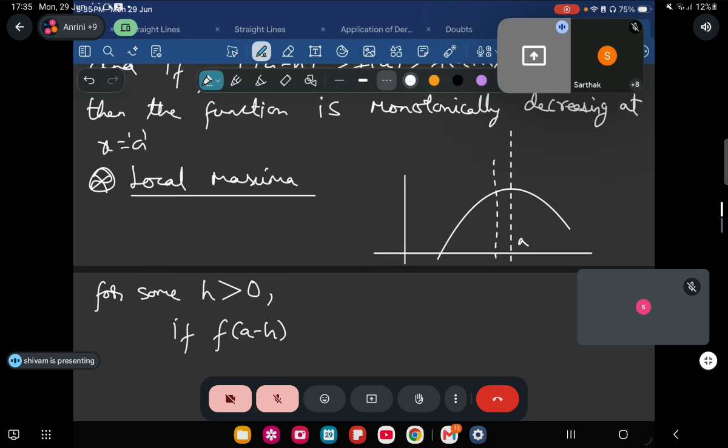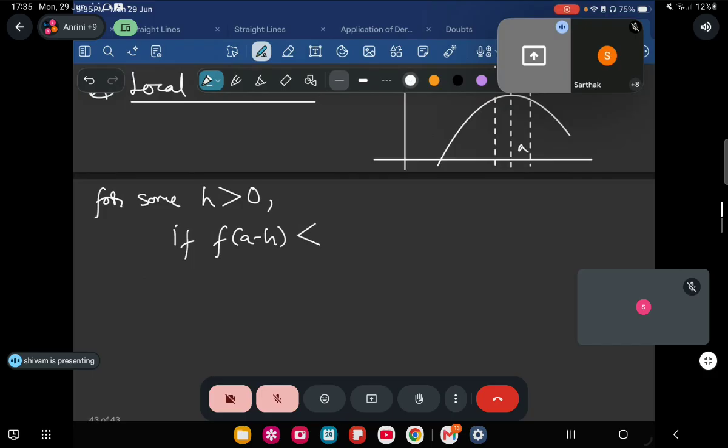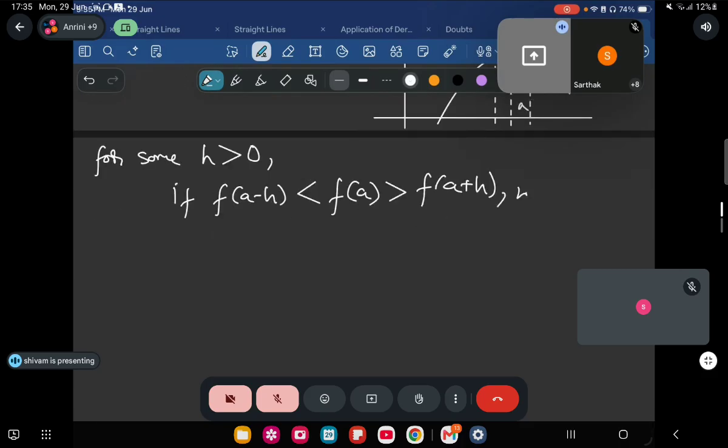A minus h is on the left hand side, A plus h is on the right hand side. By looking at the graph, you can see that f of A minus h is less than f of A, right, everyone? And it is greater than f of A plus h. So in this case, we'll get a local maxima at x equal to A.